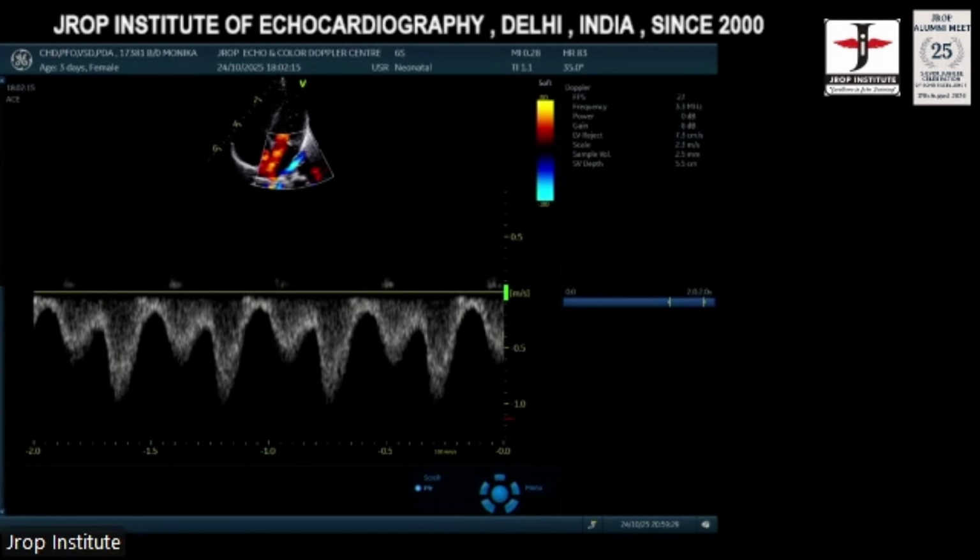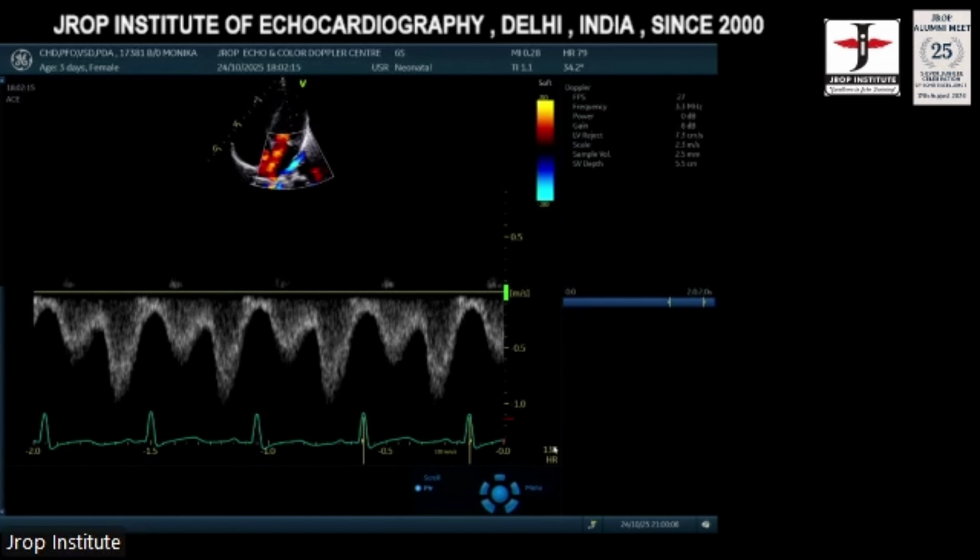Now, without the ECG gating, tell me which one is systole and which one is diastole. Same patient, I show you with ECG gating. So this is systolic and this is diastolic flow, left pulmonary vein. So you need to have ECG gating all the time.